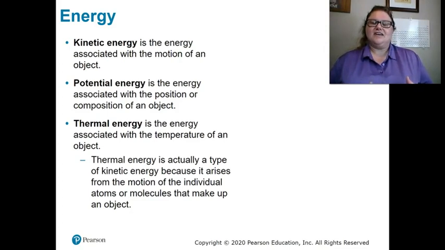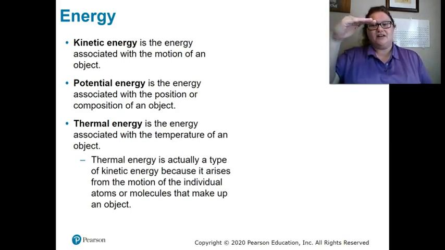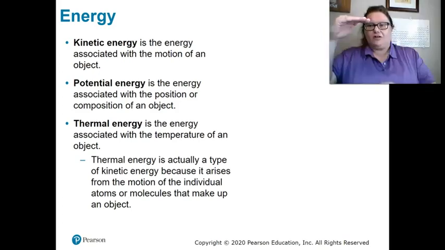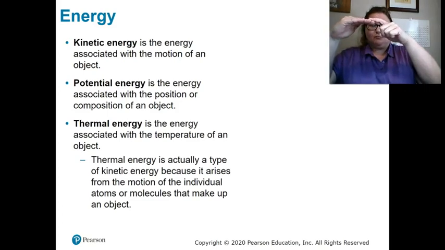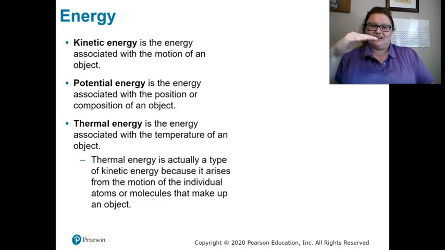Potential energy is related to either the makeup of that object, its molecules, its atoms, or its position. So if we have a shelf and something is up on that shelf, it has potential energy because if it falls, it's going to apply that energy when it hits the ground. So it has potential based on its position, and gravity would cause it to have kinetic.